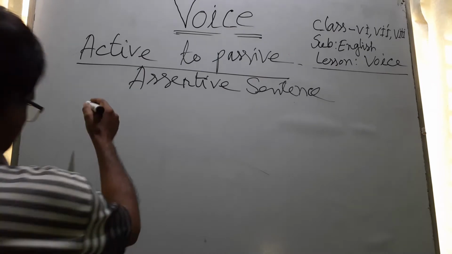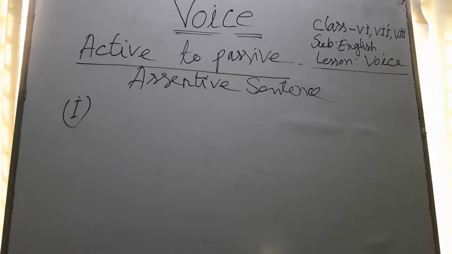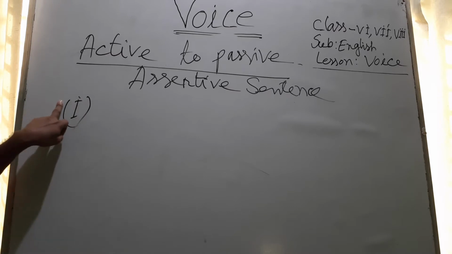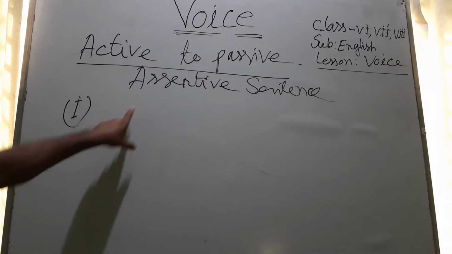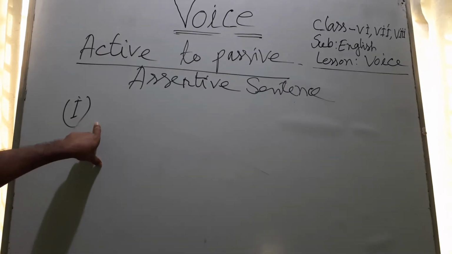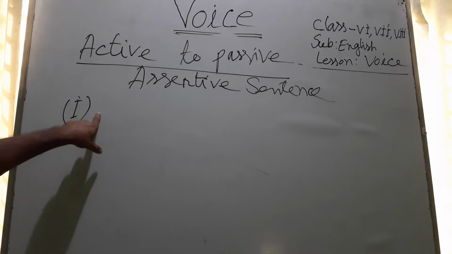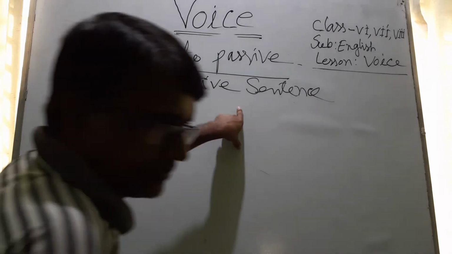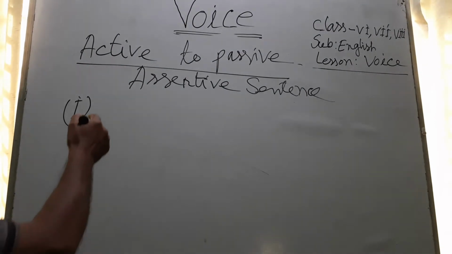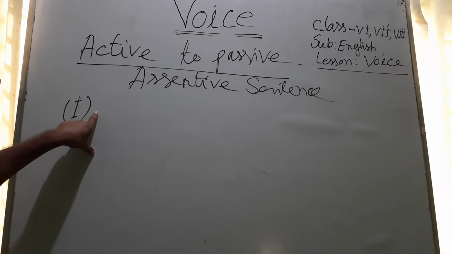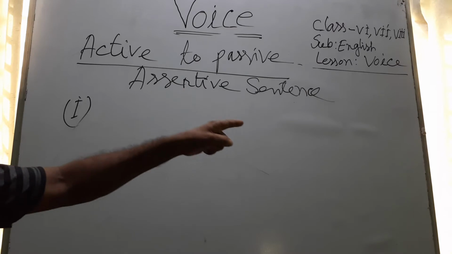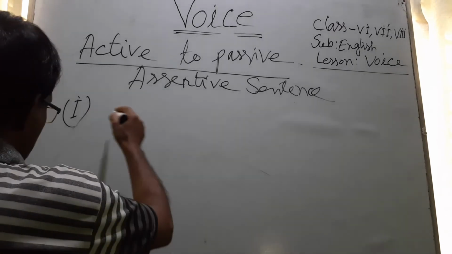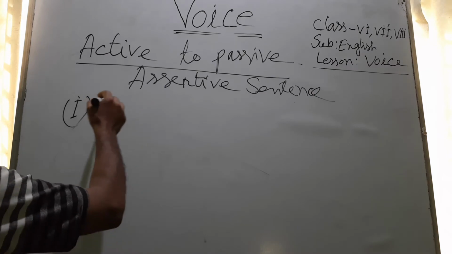Number one, when you want to change the active voice into passive, you first do the rule number one: you should make the subjective form of the object of the given active voice. Here, look at the board.